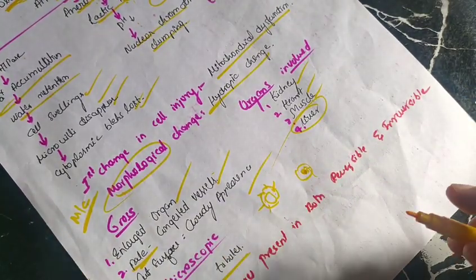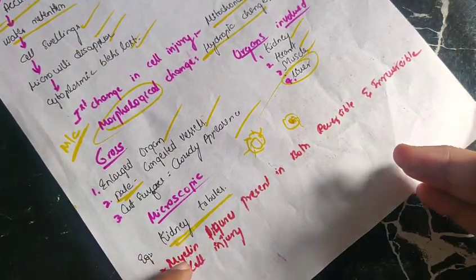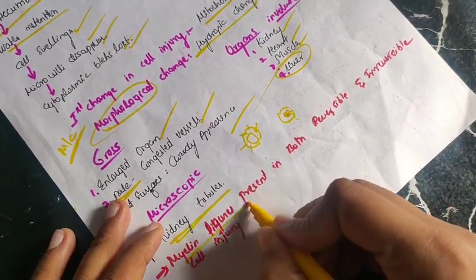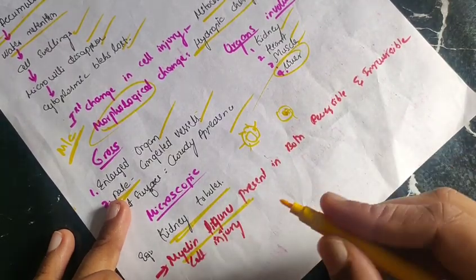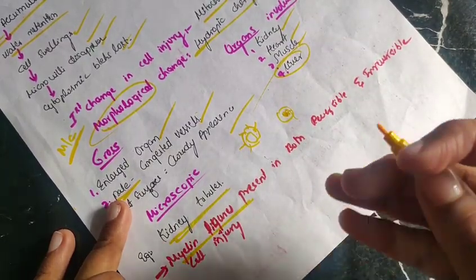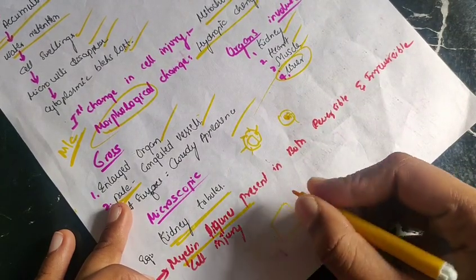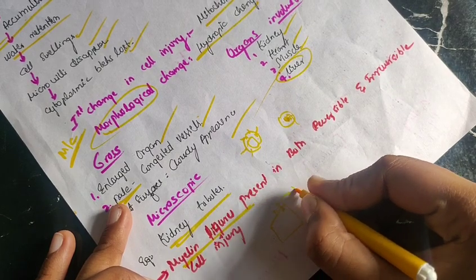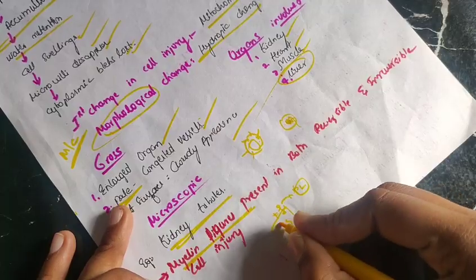Another important MCQ point is that myelin figures are present in both reversible and irreversible cell injury, but in irreversible cell injury there will be more. I already told you what myelin figures are. They are phospholipid components formed by the breakdown of the cell membrane or the mitochondrial membrane, whose phospholipid layer breaks down and releases phospholipids that accumulate. These are myelin figures. This is all about reversible cell injury.